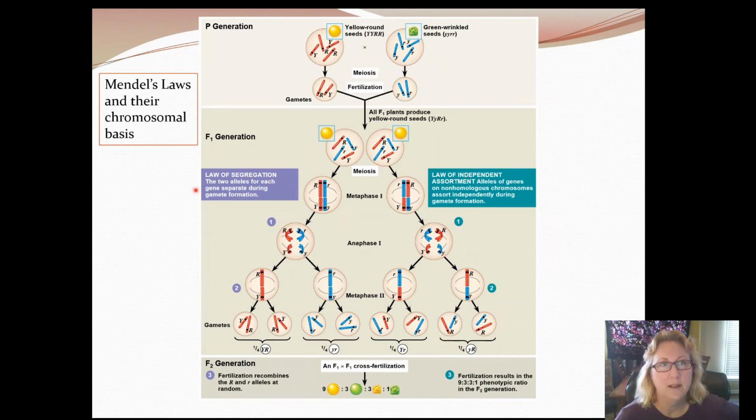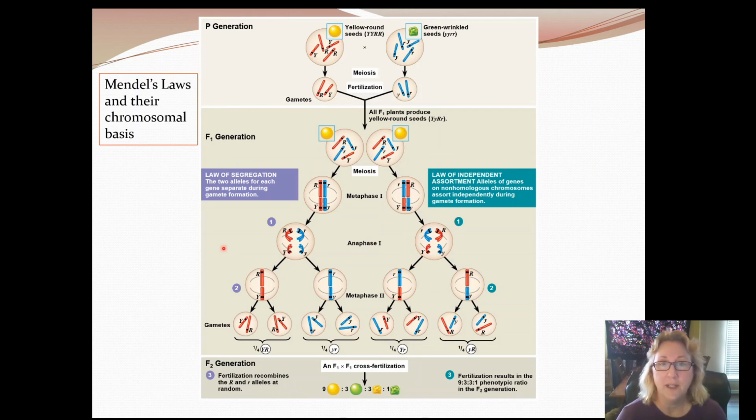So how are Mendel's laws related to the chromosomes? We talked about the law of segregation. Remember, I'm going to say law with air quotes because it's not really a law in the same sense that laws of physics are laws. We should call it the general rule of segregation because in biology there's exceptions to everything.